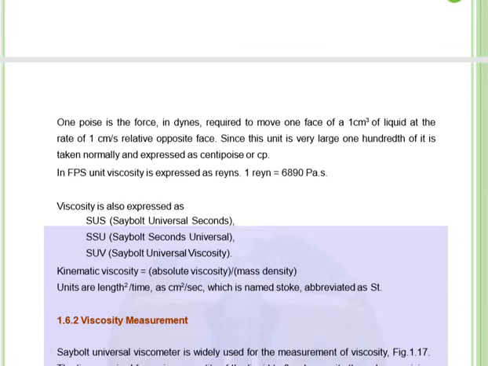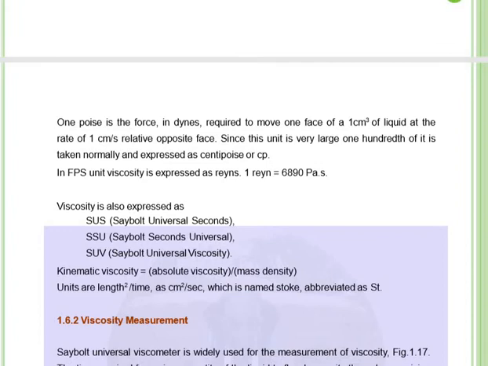Okay, viscosity we can also express in many other units, just for knowledge purposes I am telling. And in GATE questions, SUS, Saybolt Universal Seconds, is one unit. SSU, Saybolt Seconds Universal, that is Saybolt Universal Seconds. And another one is SUV, Saybolt Universal Viscosity.